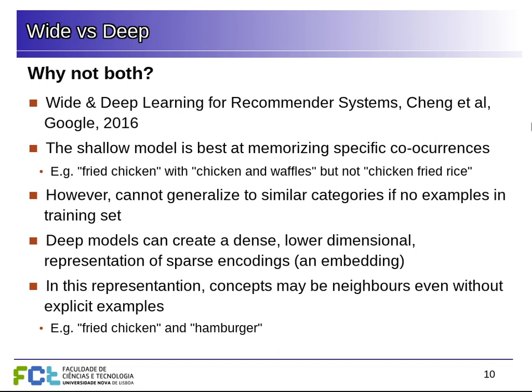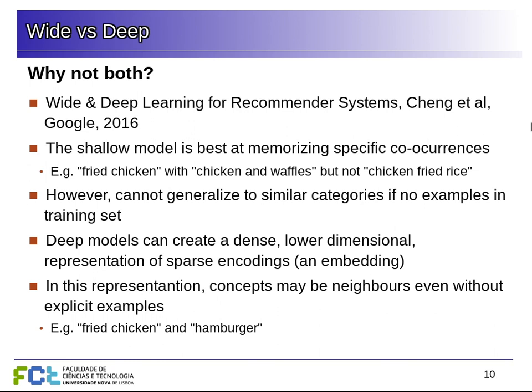So the shallow model is best at memorizing the co-occurrences. For example, people buying fried chicken and chicken and waffles, but not chicken fried rice and things like that. But it cannot find meaningful categories there. Deep models can find these categories and then manage in the representation when they are projecting the feature space, which has the large high-dimensional vectors indicating which products the clients have bought, and they project that into a lower dimensional manifold.